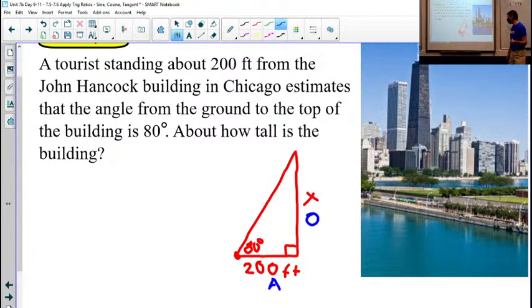So I know adjacent, I want opposite. Which one deals with adjacent and opposite? It's tangent. Tangent of my angle. I'll give you a 10-second head start in setting this up before I do it.